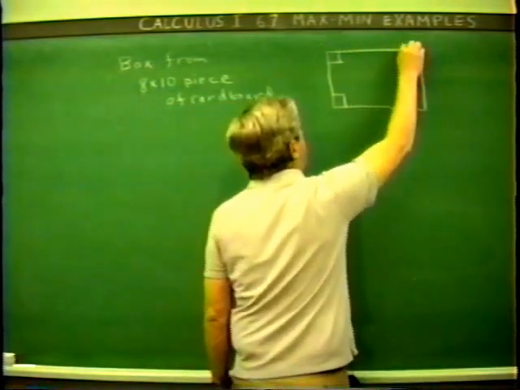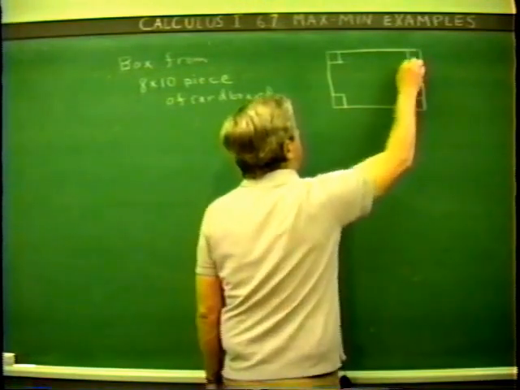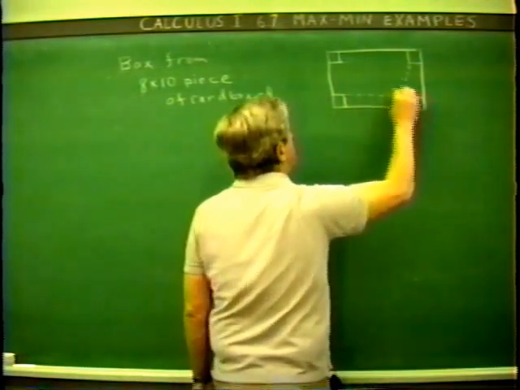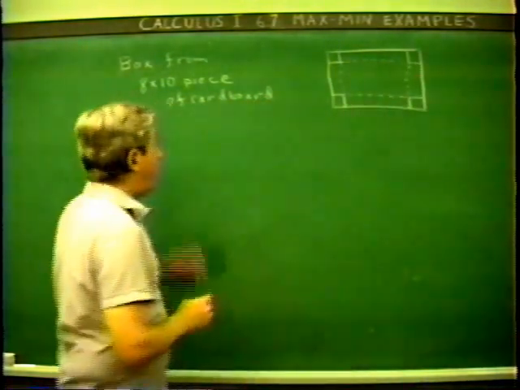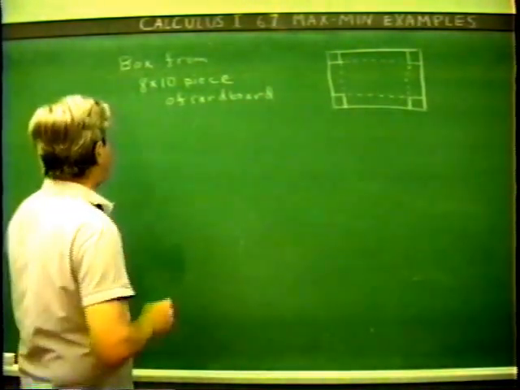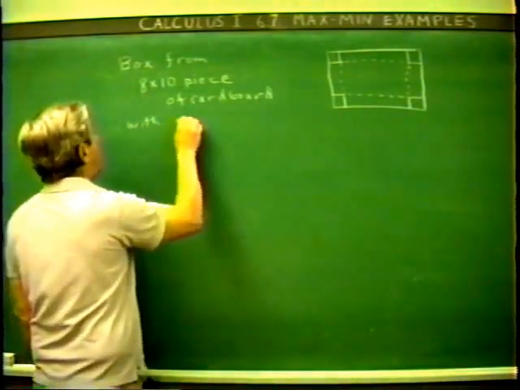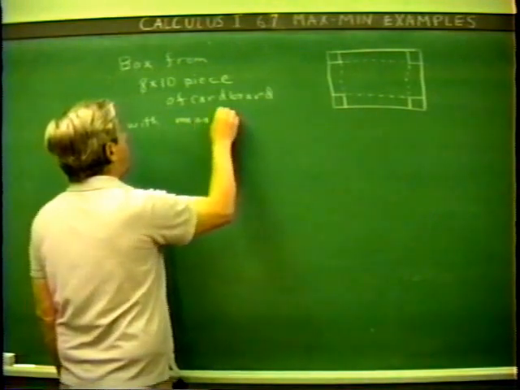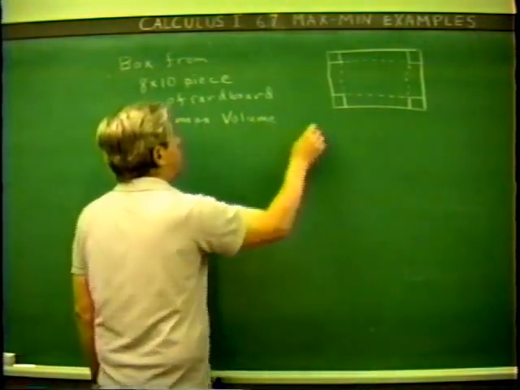We want to cut square corners out of it. And the remaining shape we will fold on these lines like this to make an open box. And the idea is to do this with maximum volume.